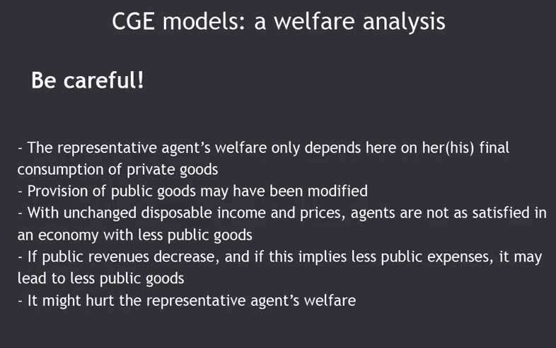So if public revenues decrease, and if this implies less public expenses, it may lead to less public goods, and it might hurt the representative agent's welfare. So we must be very careful when we conduct a welfare analysis and consider the consumption of only private goods. We have to look at the level of public goods in the economy.